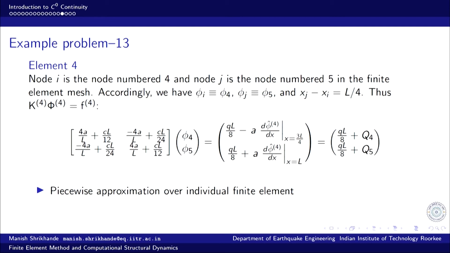Now, all these equations for element number 1 to element number 4, if you recall, have been derived based on piecewise approximation over individual finite elements. So, we considered individual finite elements one at a time.